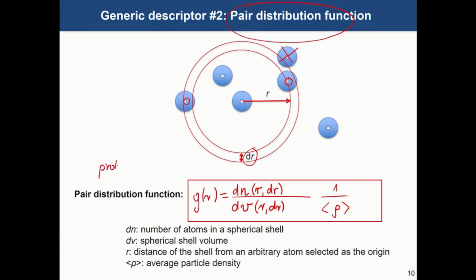It is the probability of finding an atom at a distance r, so this is r, from a typical atom.